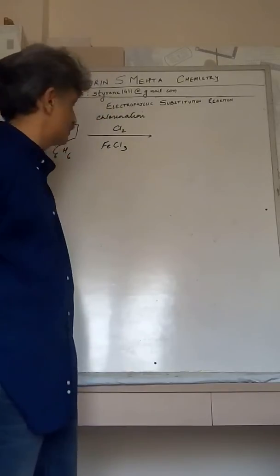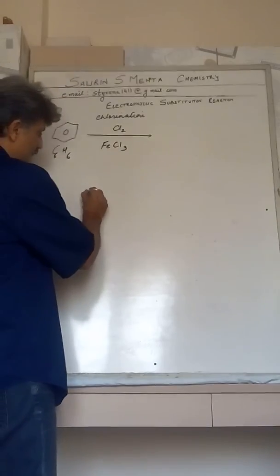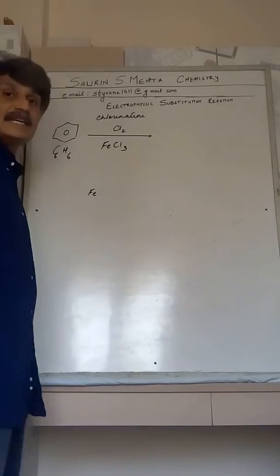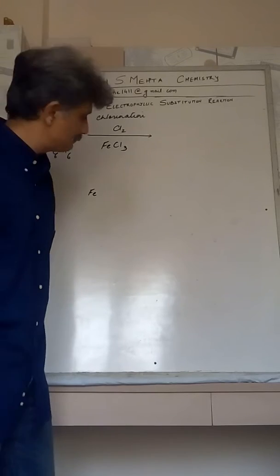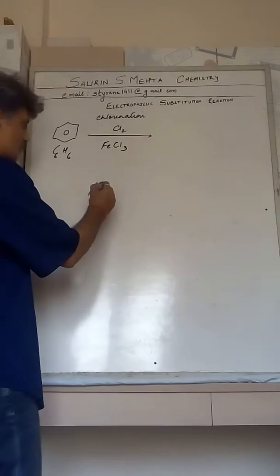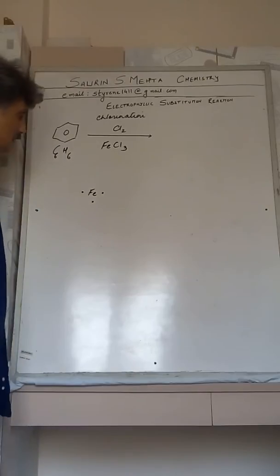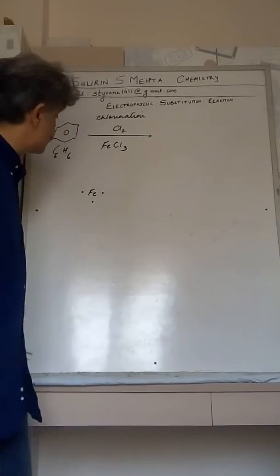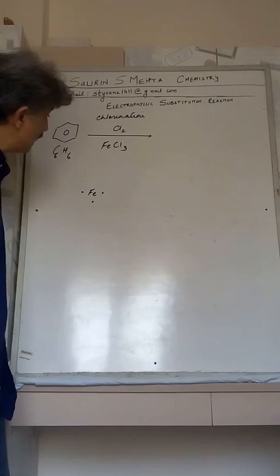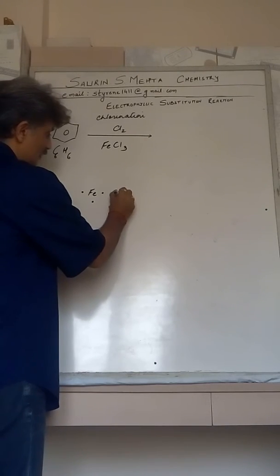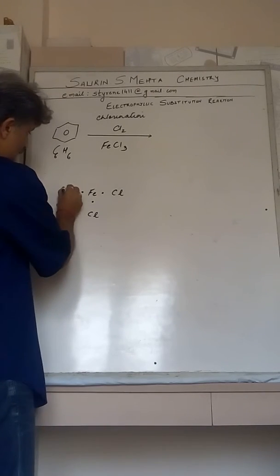Fine, just concentrate. This Fe has atomic number 26, and of its number of electrons, 3 valence electrons are shared with 3 chlorine atoms.